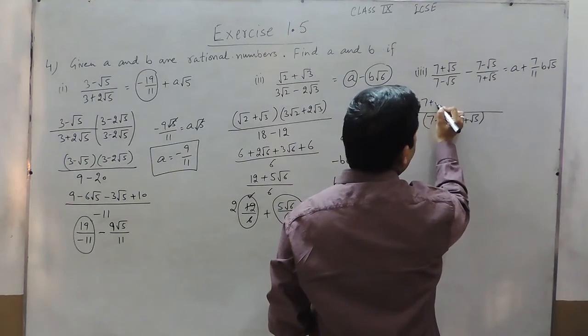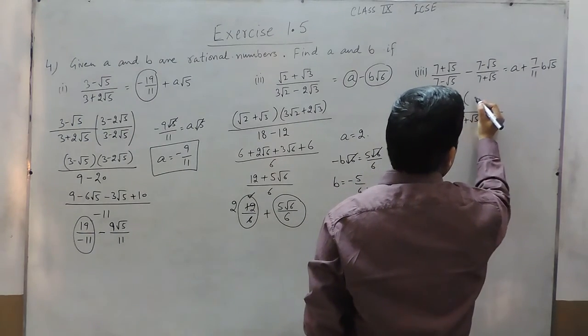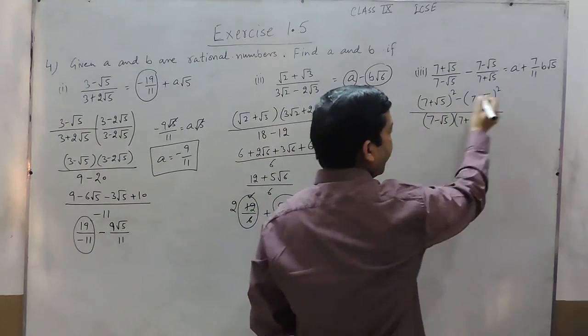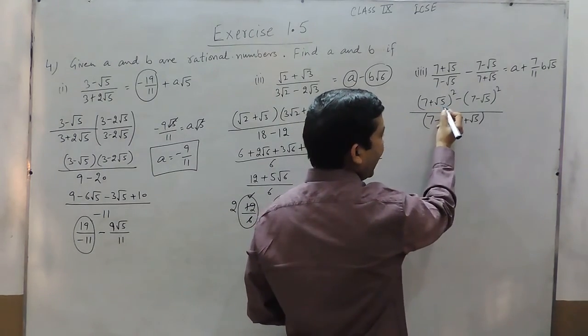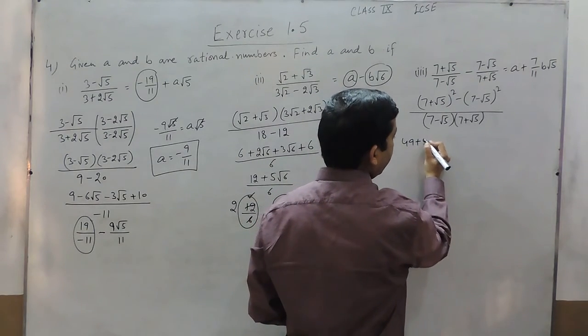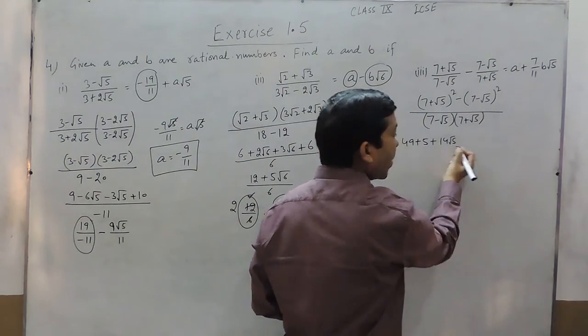So the numerator will become (7 plus root 5) whole square, and here it is (7 minus root 5) whole square. If we solve the numerator part, x plus y whole square will be 49 plus 5 plus 14 root 5, this is twice ab.